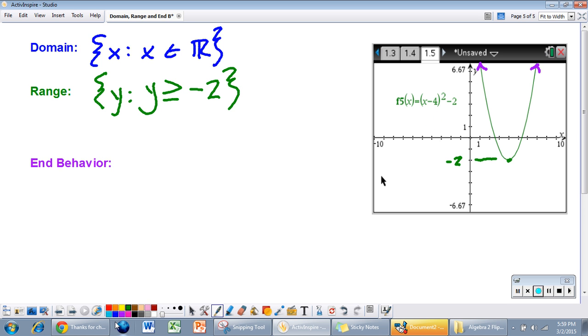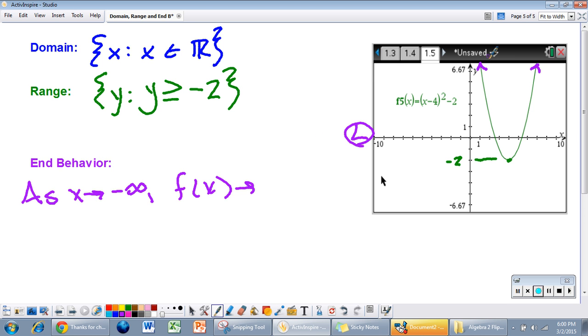Okay? The end behavior, we've talked about end behavior of quadratics before. On the left-hand side, as I'm going, I see that I'm moving along the x, and it's heading up and it's moving to the right. So eventually, I'll get to negative infinity. Well, what's f of x doing?